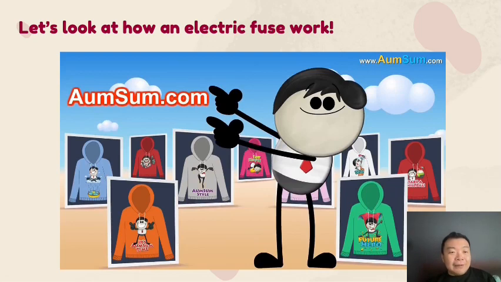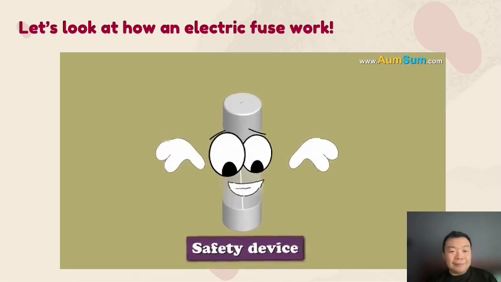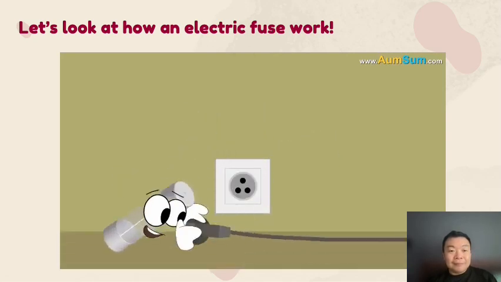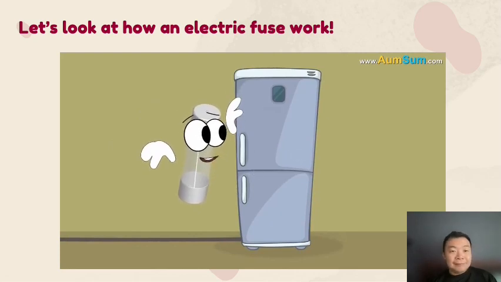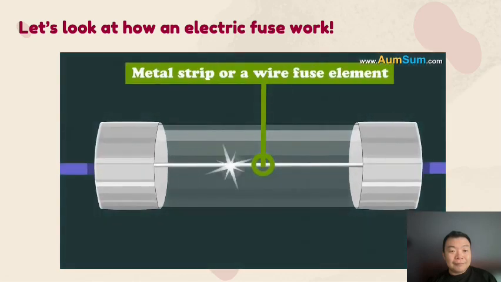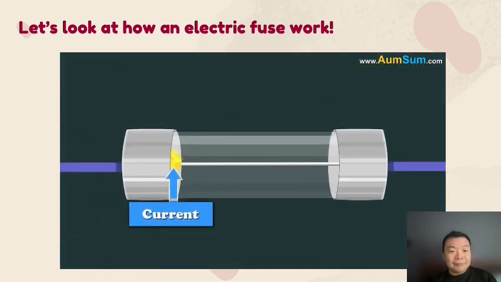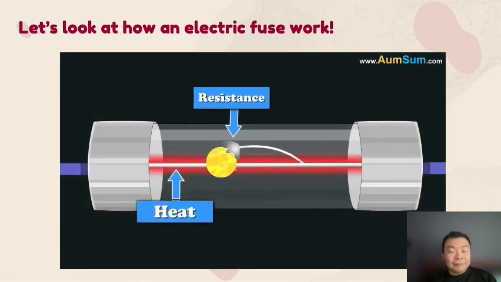So let's take a look at how a fuse works. An electric fuse is a safety device. It helps avoid short circuits and thus helps in protecting the electrical appliances from getting damaged. A fuse consists of a metal strip or a wire fuse element. When current starts flowing through the fuse element, heat is generated due to the resistance of the fuse element.